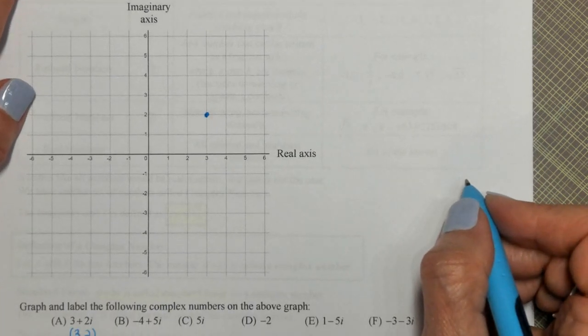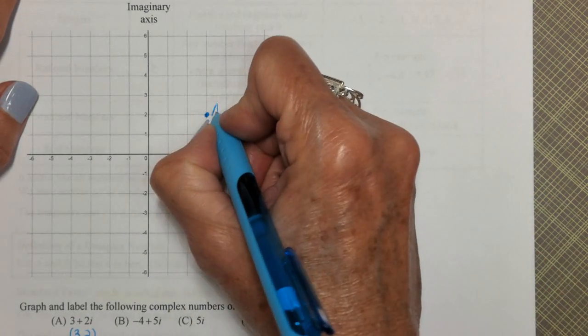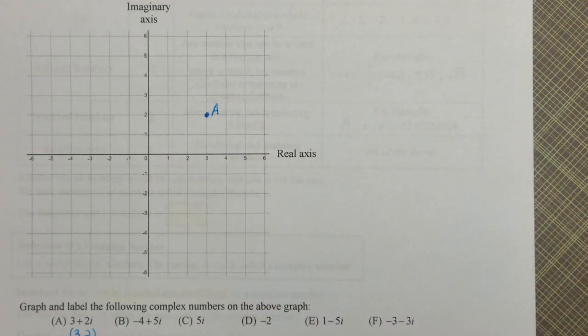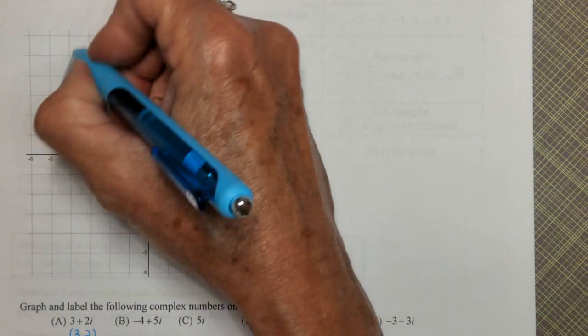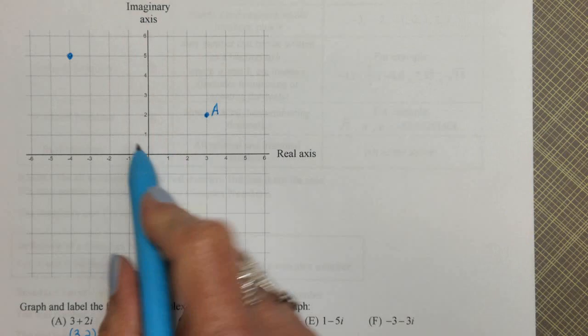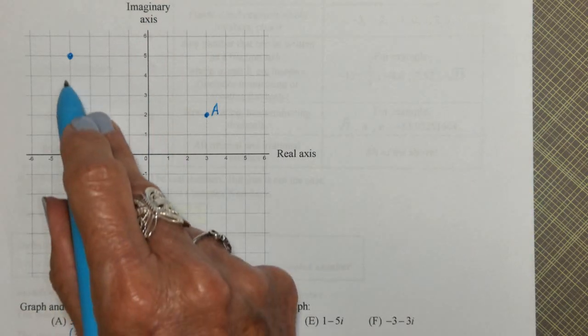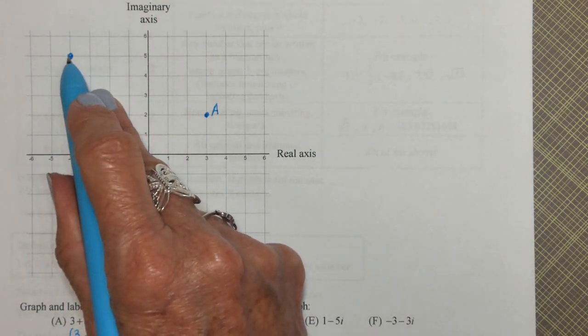That is my complex number A. It's how you graph that number. Okay? Negative 4 plus 5i. Negative 4 on the real axis, 5i on the imaginary axis.